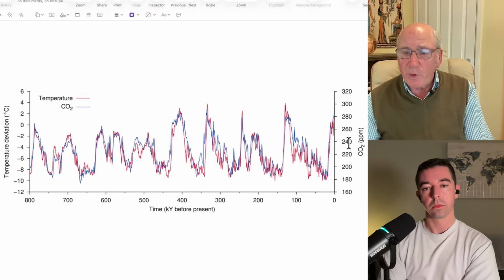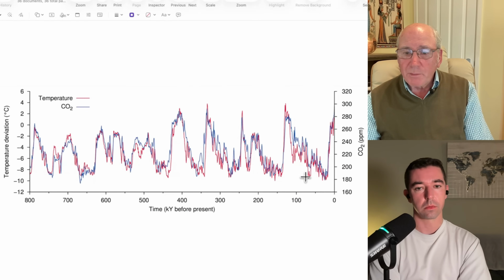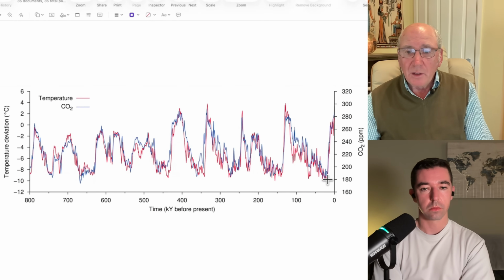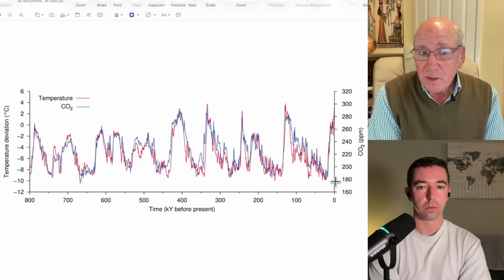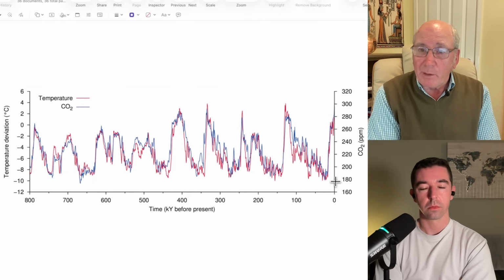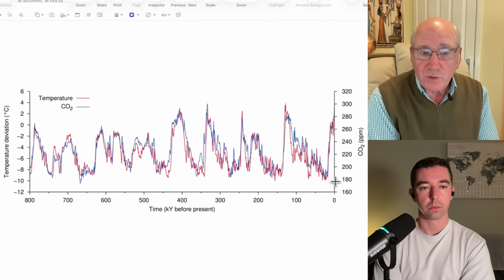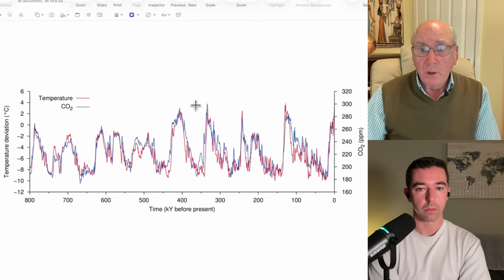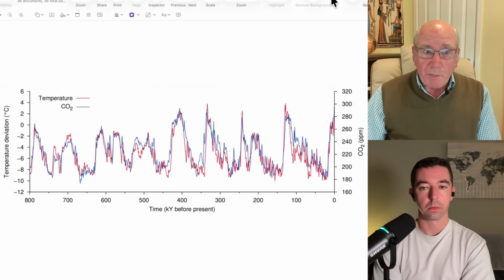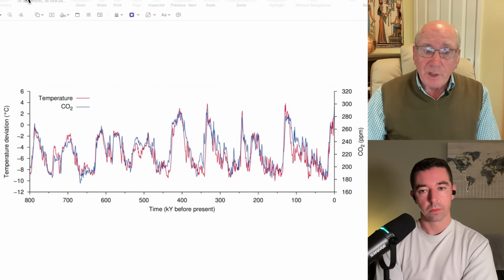So if we're going from the bottom here, 180 up to 300, that's only a doubling at best. So we're talking about only at best a 1 degree change due to CO2. And yet what we see on the left-hand side here is a 10, 12 degree change. So that's not all being caused by CO2, that's being caused by something else.